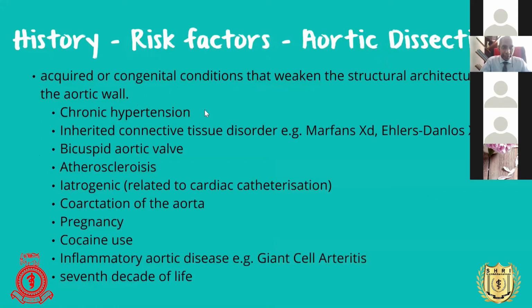And the risk factors. I am not going to go through all these risk factors, but those are basically acquired or congenital conditions that weaken the structural architecture of the aortic wall. That's how the shear force can damage the intima and dissect through the intima and media.